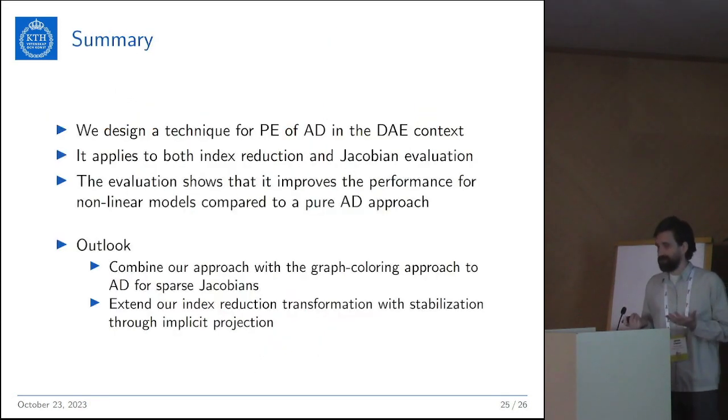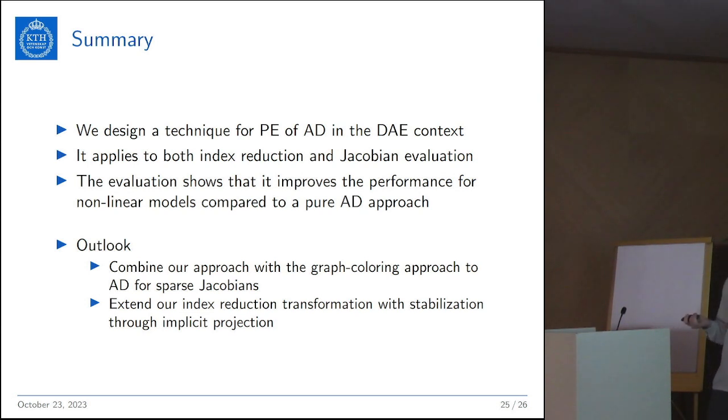To summarize, we've designed a technique for partial evaluation of AD in the DAE context. It applies to both index reduction and Jacobian evaluation. The evaluation shows that it improves the performance of nonlinear models compared to a pure AD approach.